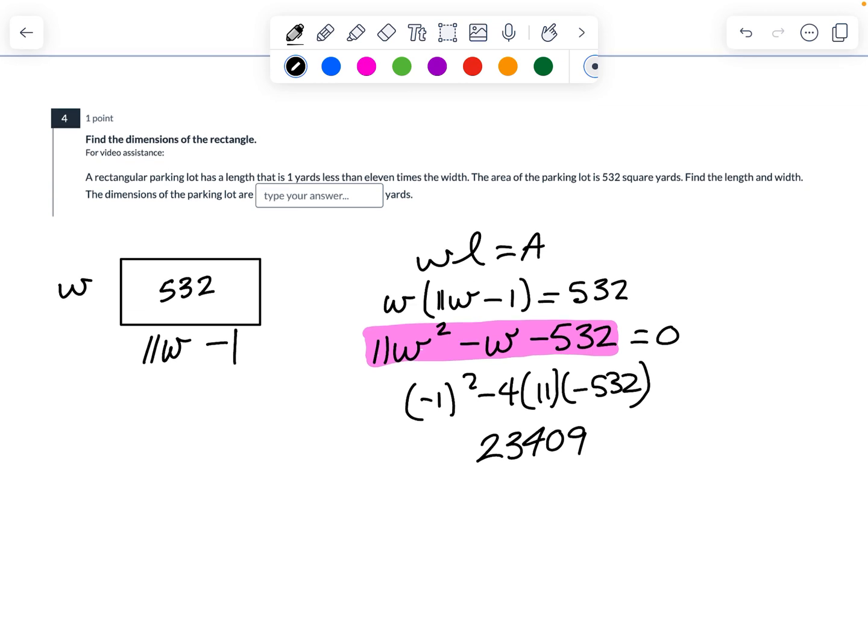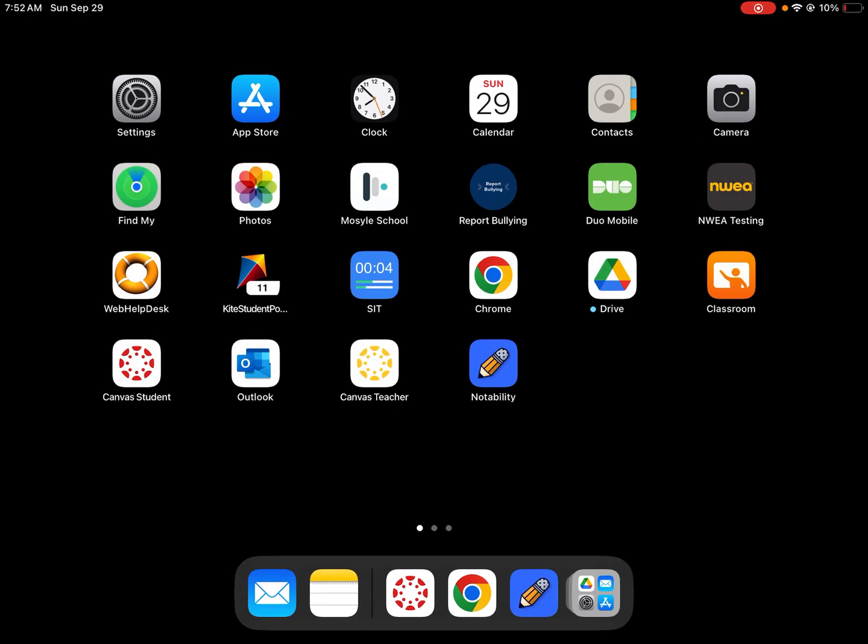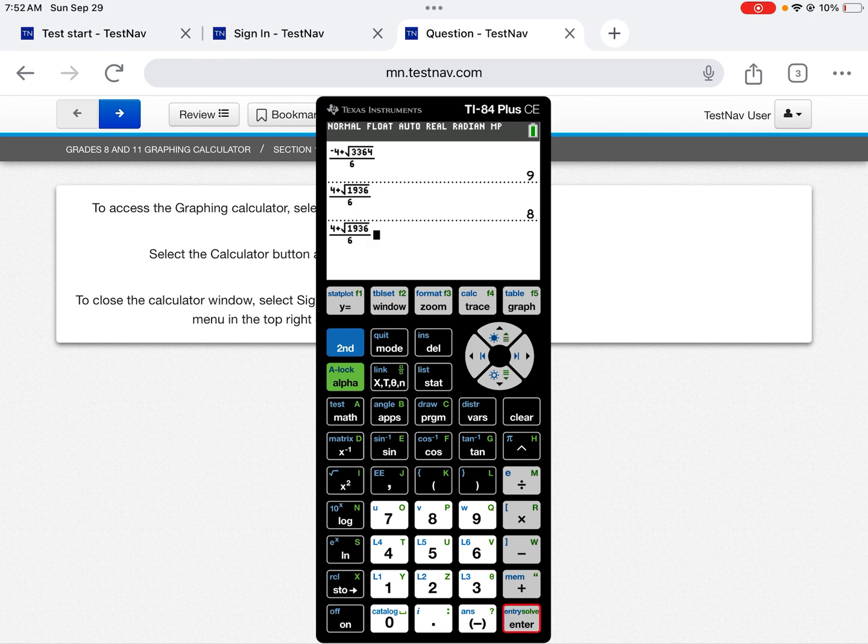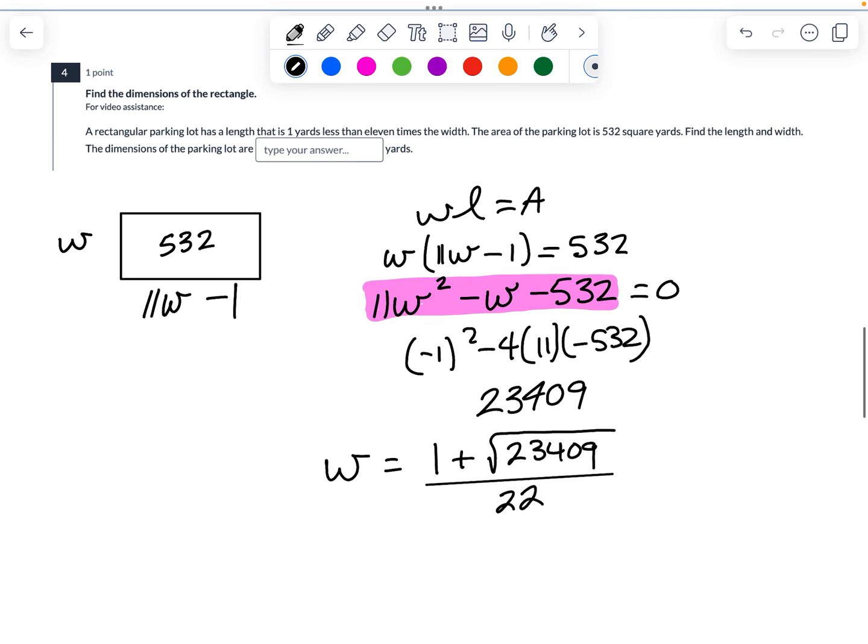Alrighty, so then W is going to equal the opposite of B plus the square root of the discriminant divided by twice A. And A is 11, so that would be 22. So W comes out to be 7.